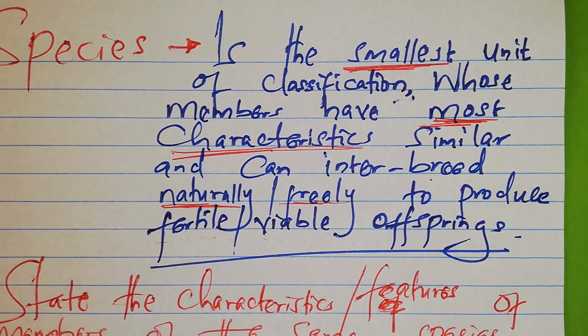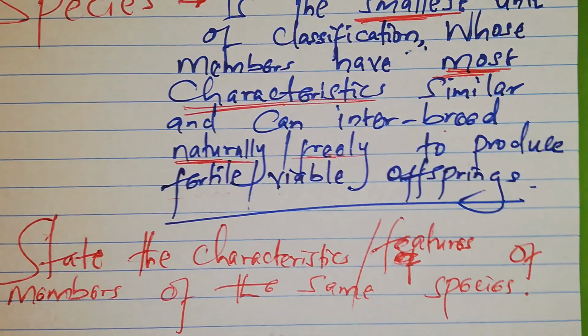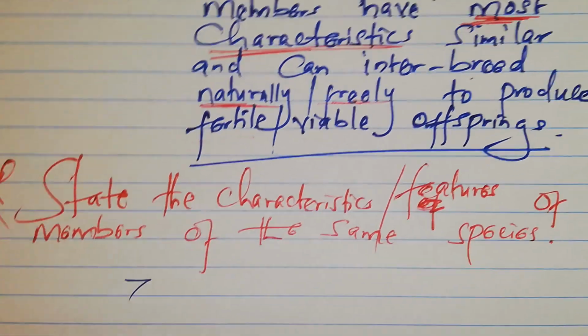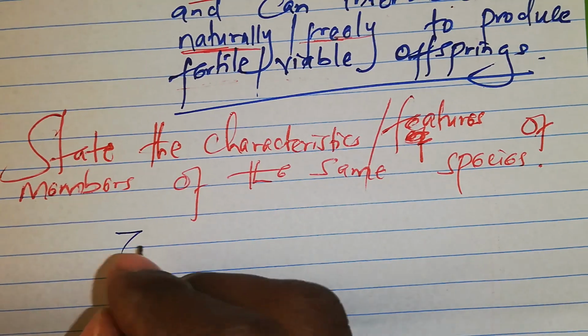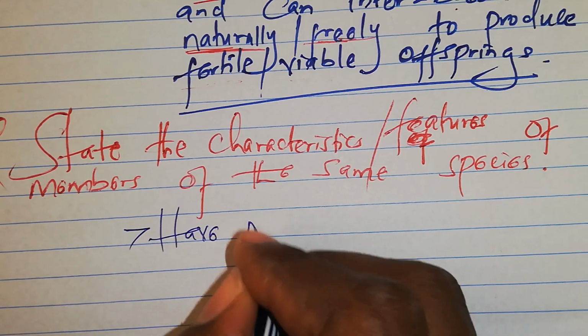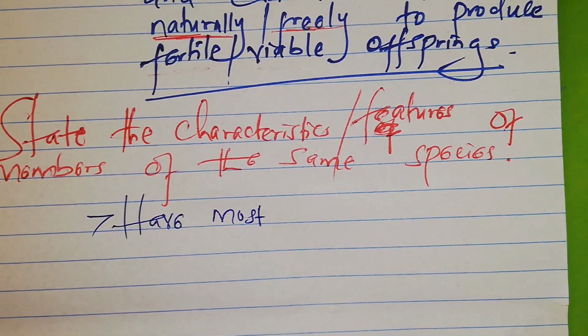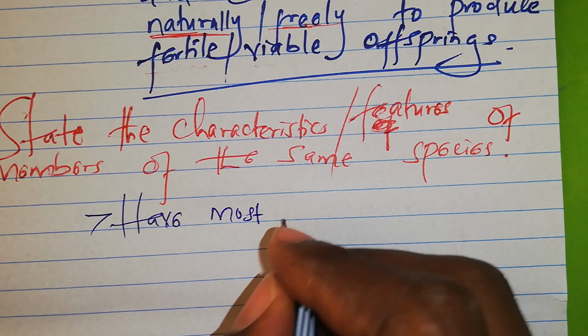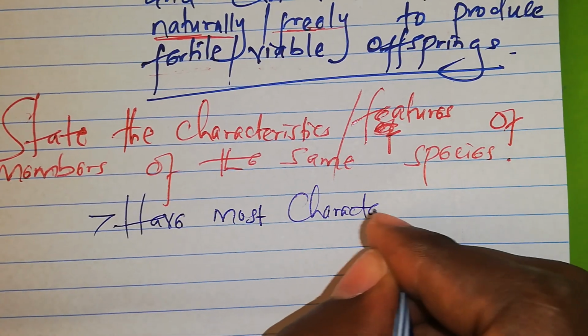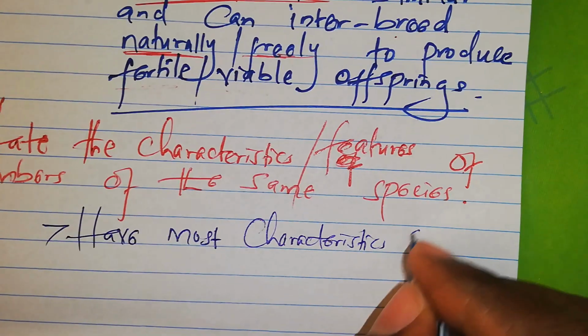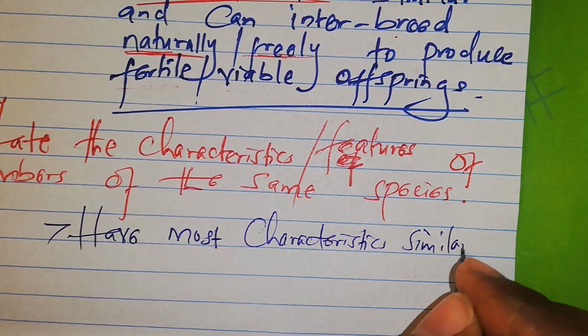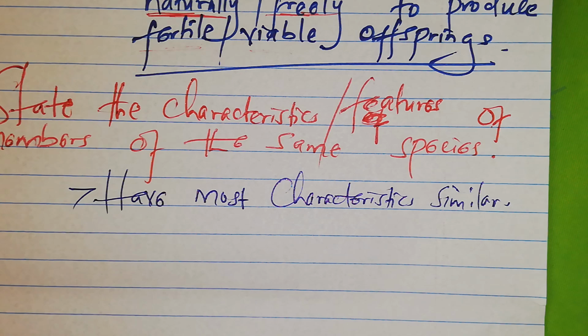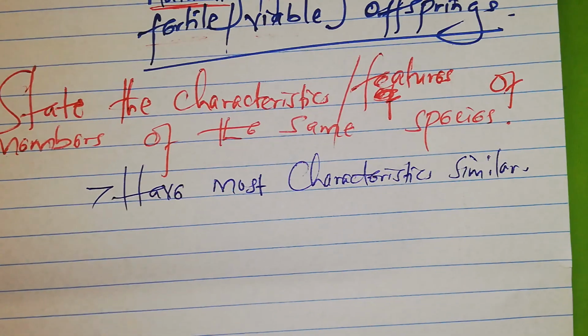First of all, if we can get them from the definition, we will say number 1, members of the same species look more similar. They have most characteristics similar. So you can say they look more similar, and it becomes very hard to differentiate between the two or more.